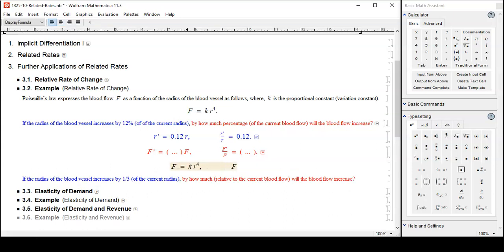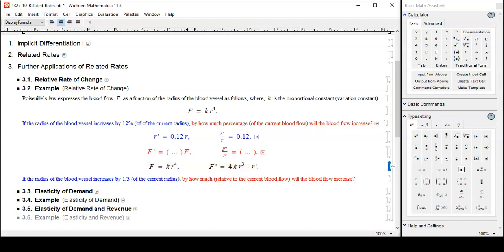Let's take the derivative, f prime, and take the derivative implicitly. So 4 comes out as coefficient in r to the third power, but that's not it. We need r prime. Remember, this is implicit differentiation, we are talking about the related rates. So primes pop out every single time.